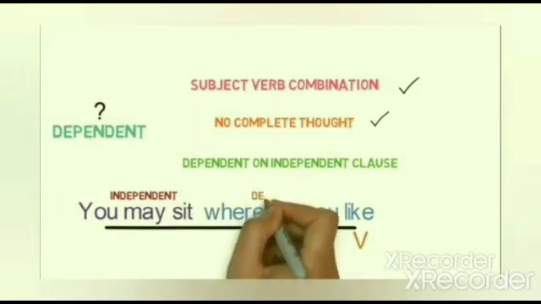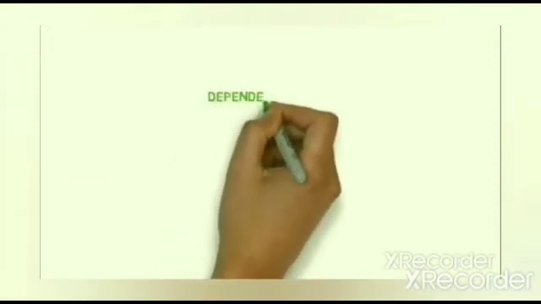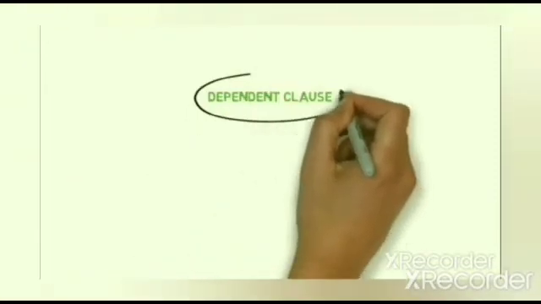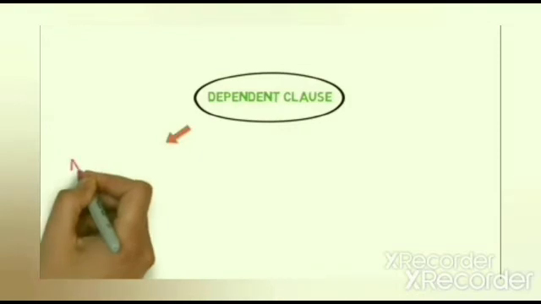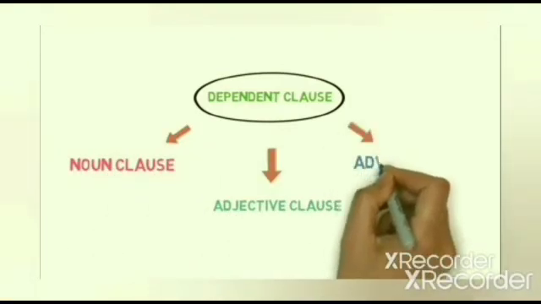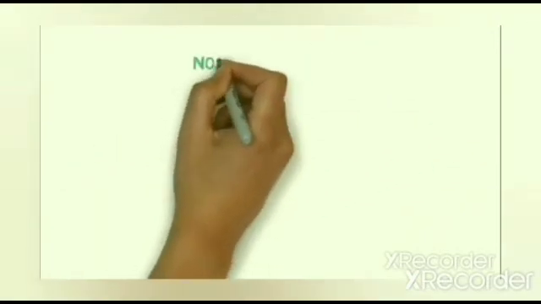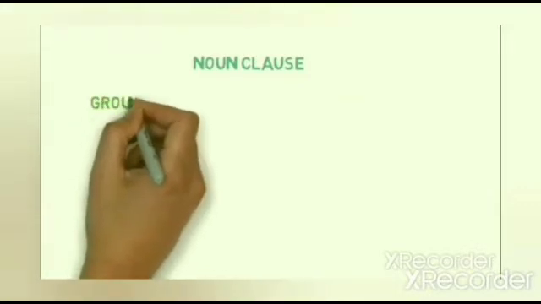Dependent clauses are mainly divided into three types: noun clause, adjective clause, and adverb clause. Let's discuss each of them. What is a noun clause?